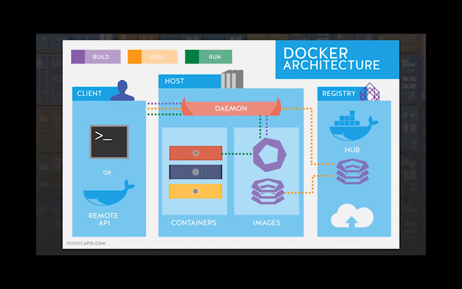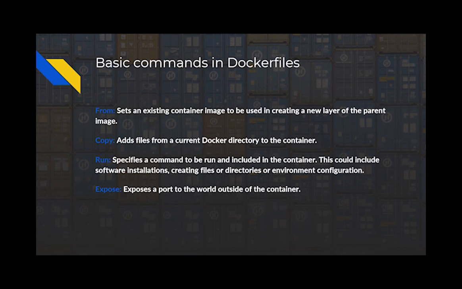So here are some basic commands to build a Docker file. This is not a comprehensive list, but this is just something to get you started in building your own Docker file. The FROM command would be used to set a parent image used as a base image when composing a Docker file.